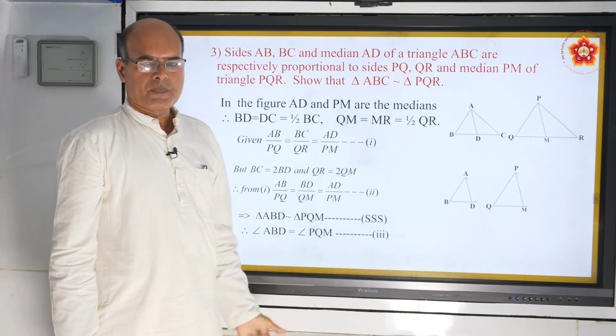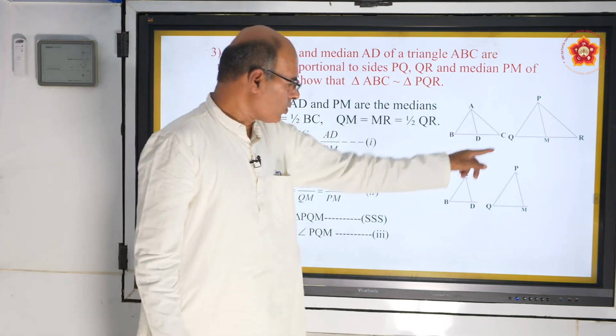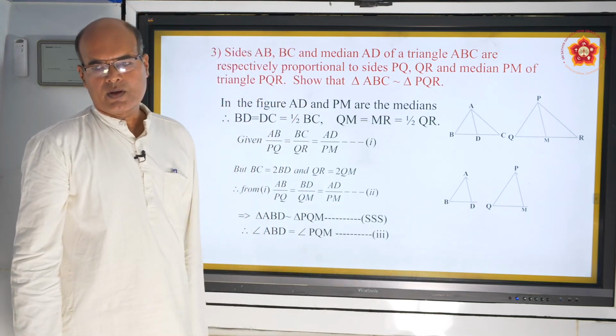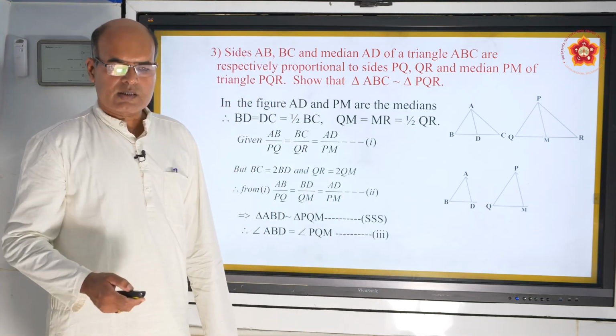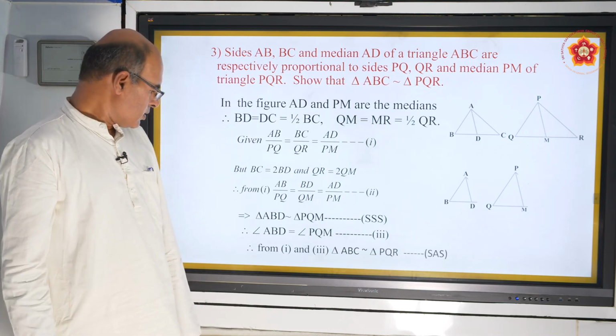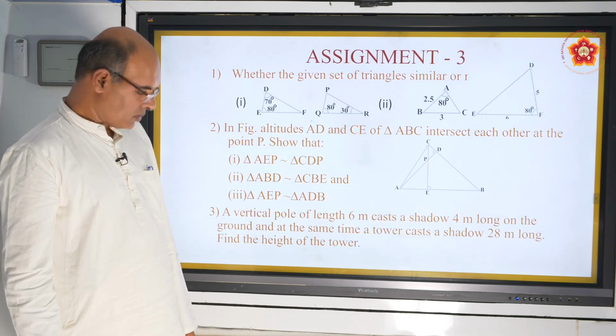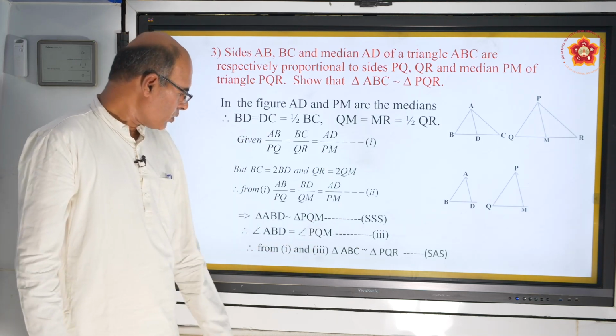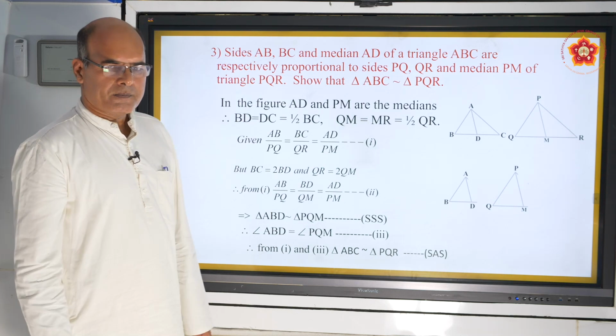So we know that angle B is equal to angle Q because we proved that these two triangles are similar. Now apply the SAS criterion for similarity of triangles. So it proves those two triangles are similar: triangle ABC and triangle PQR are similar.